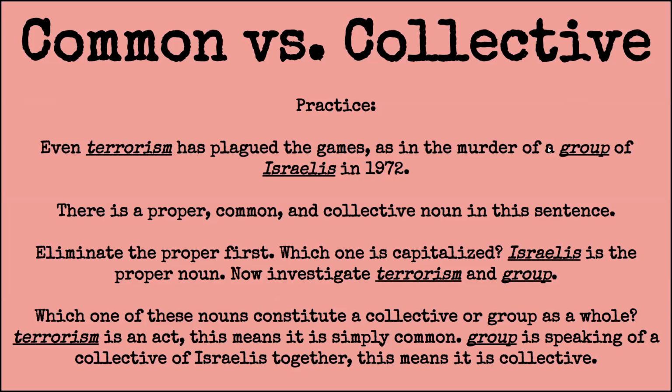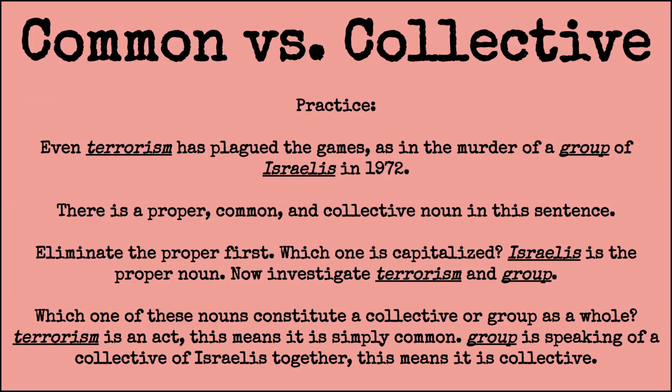Now, this is one of the questions that you had last week on your assignment that several people struggled with. So the sentence was, even terrorism has plagued the games, as in the murder of a group of Israelis in 1972. Now, there was a proper, a common, and a collective noun in this sentence.